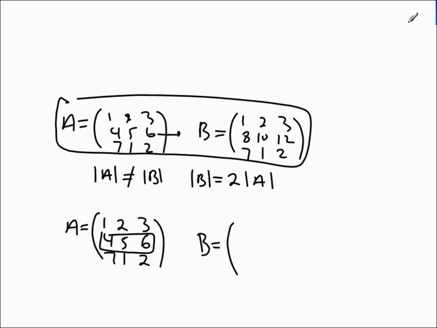I'm going to multiply row 2 by 2 and add that to row 1. That changes things. I get 9, 12, and 15. I added a multiple of row 2 to row 1.